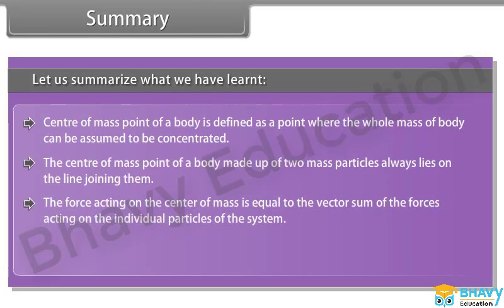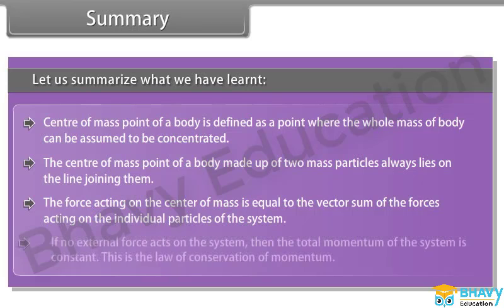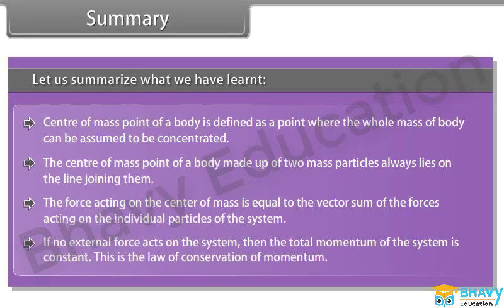The force acting on the center of mass is equal to the vector sum of the forces acting on the individual particle of the system. If no external force acts on the system, then the total momentum of the system is constant. This is the law of conservation of momentum.